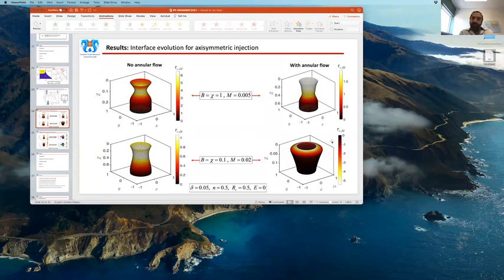So buckling occurs because of the applied shear stress at the interface by the annular fluid, and also the pressure gradient that is created by the zero net flux condition. So you cannot throw out the annular flow. Okay, so with only buoyancy, it won't break up. Yeah. So you need the annular phase to have the buckling.